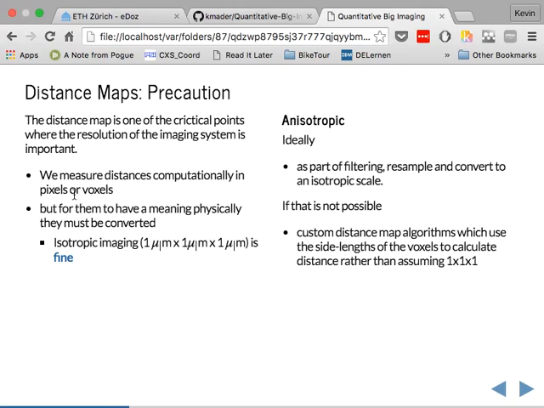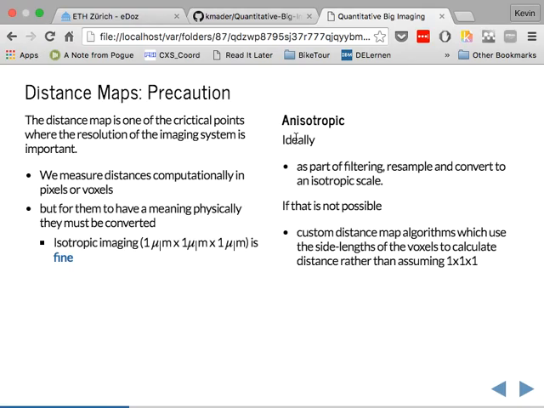And so it's always calculated in this pixel or voxel space, but having a measurement that you can then bring back to the real world is quite important. When you do have this anisotropic data, the easiest thing to do is, as part of the filtering, just resample the data set so that it's isotropic, so that you have the same size in every dimension, because then the distance map is meaningful again.